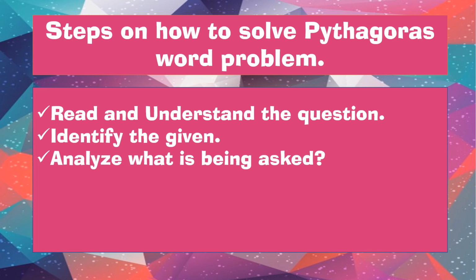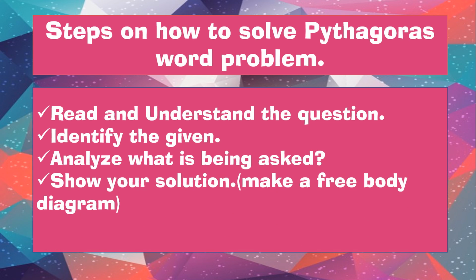Number 3, we have to analyze what is being asked. You have to know what they are asking for. Number 4, show your solution or make a free body diagram, meaning you have to make a sketch for you to be guided on your solution.